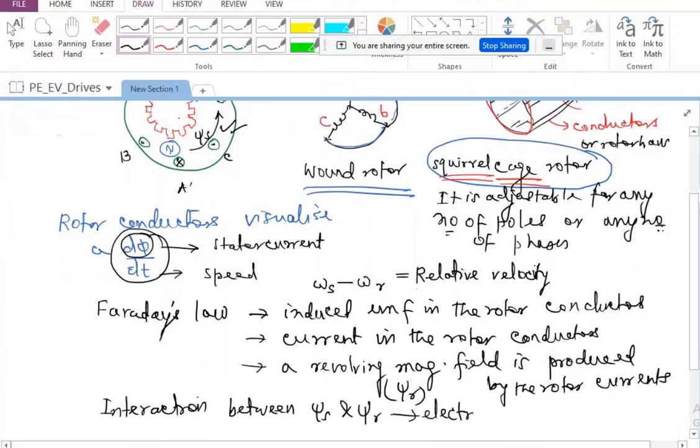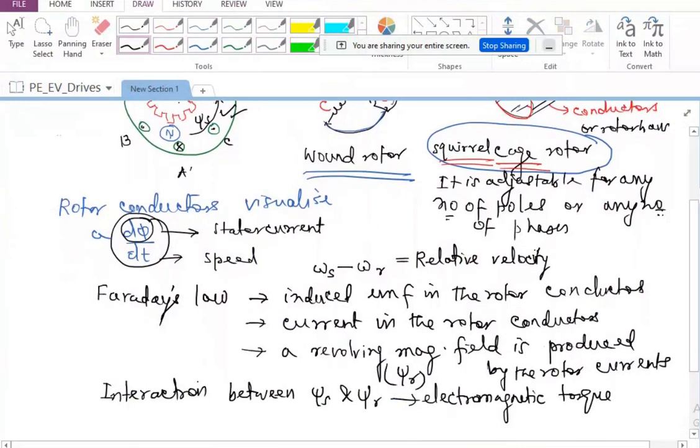And as per Lenz's law, this electromagnetic torque is going to work in such a way that it tries to make its own root cause disappear. And the root cause is, as I told you, the relative velocity between the stator revolving magnetic field and the rotor velocity itself.